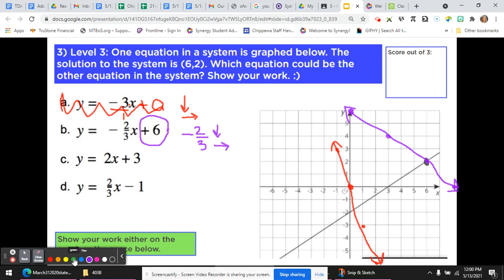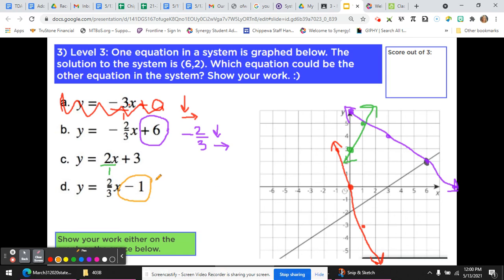Now you can check your next one. Here, the y-intercept is at 3, and your slope is positive. That's 2 over 1. So I go up 2 over 1, up 2 over 1. Well, I can really quickly see this green line is not going to cross where we need it to. So the last one here I'm going to check in orange.